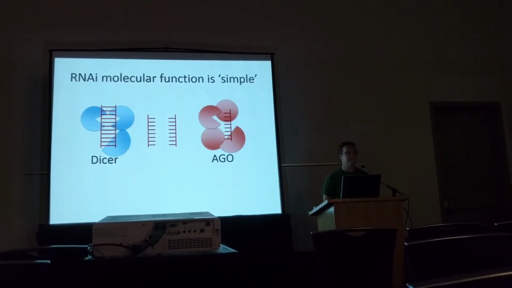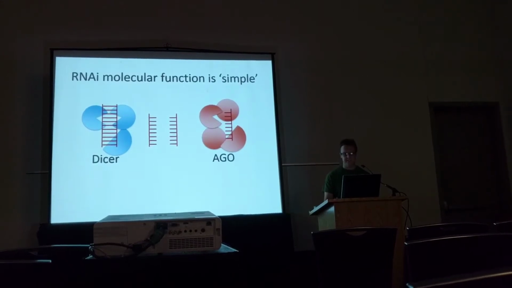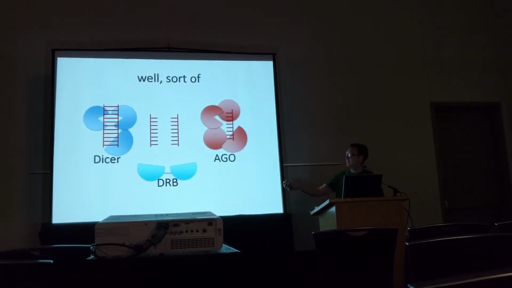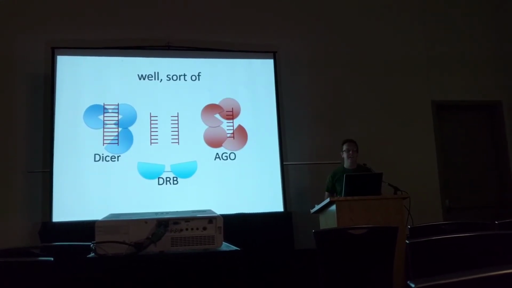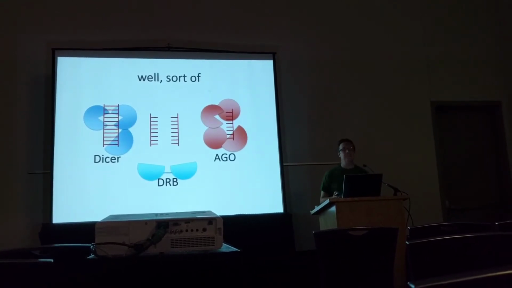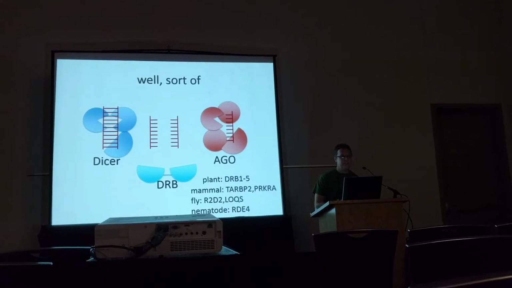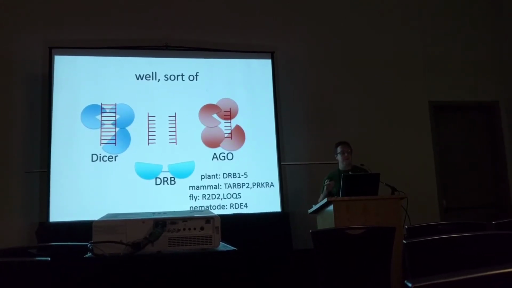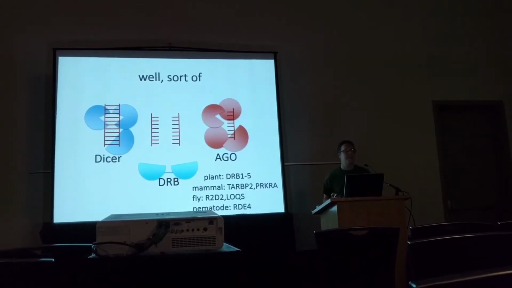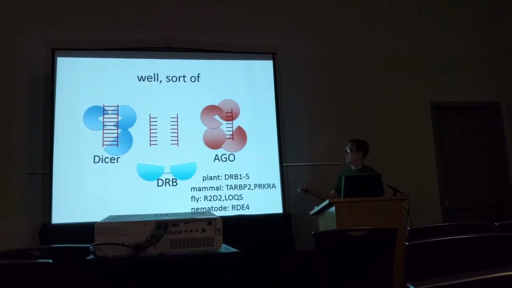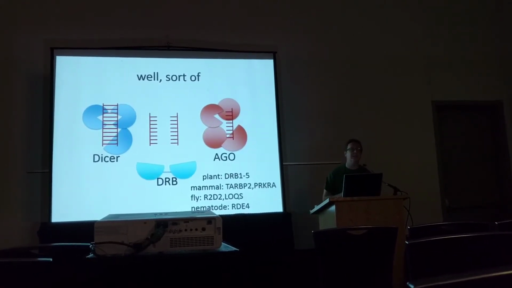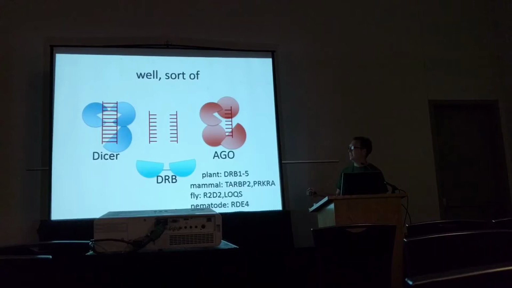Of course, there are complications. One of the complications, the one that I'll be talking about today, is these double-stranded RNA binding proteins, or DRBs. So these DRBs are found really wherever we see RNA interference happening. Plant genomes typically encode at least 5 of these DRB proteins.